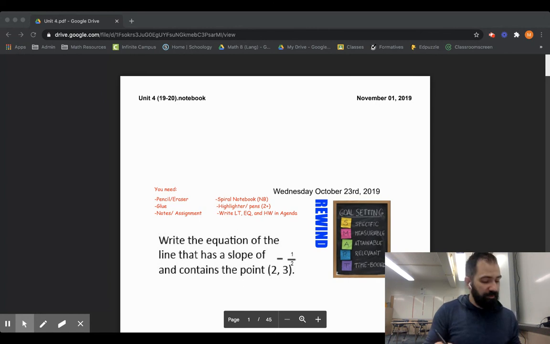And then our last one, which is a little bit more confusing, is called the multiplicative inverse. That's a big word. What the multiplicative inverse means is that you multiply by the reciprocal.